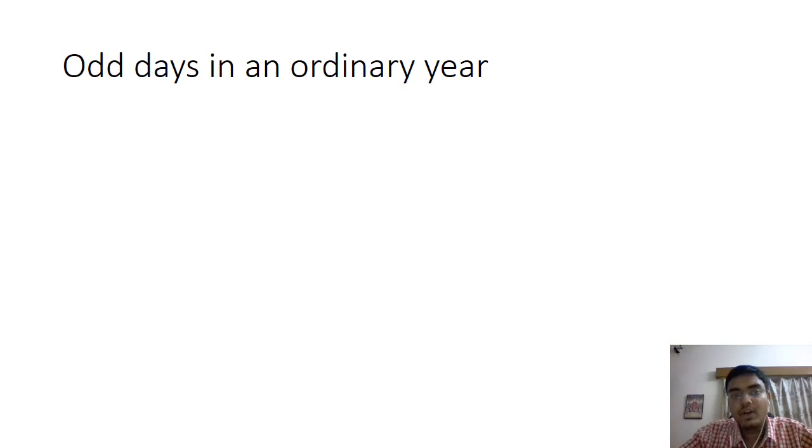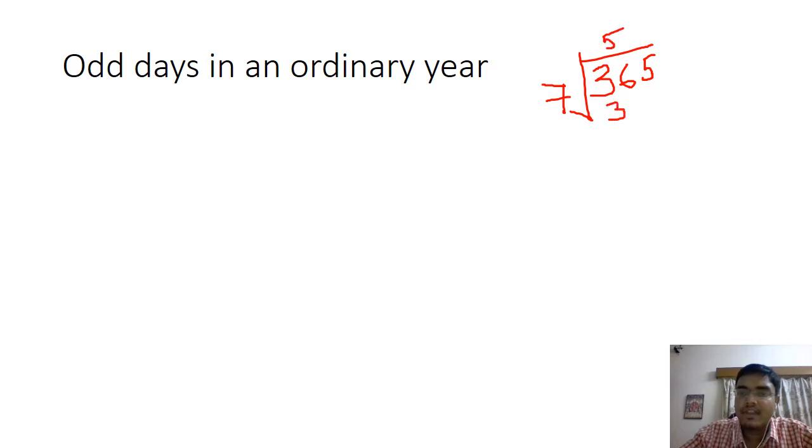Now let us find out how many odd days are there in any ordinary year. Any ordinary year consists of 365 days, and if you divide 365 by 7, what will you get? 7 5s are 35. We get one remainder, taking 5 here, we get 7 2s are 14, and what we get is 1.